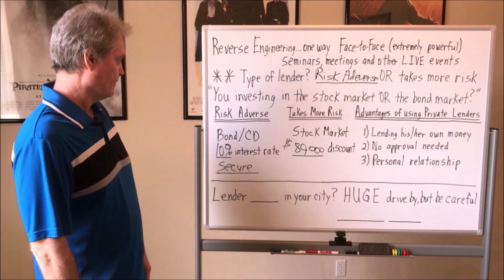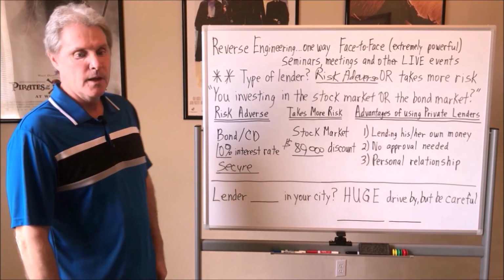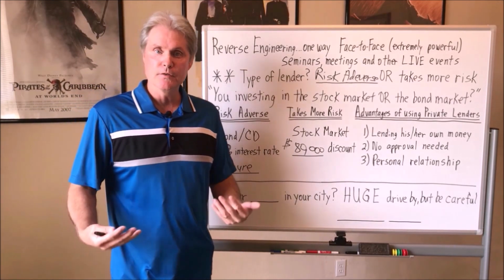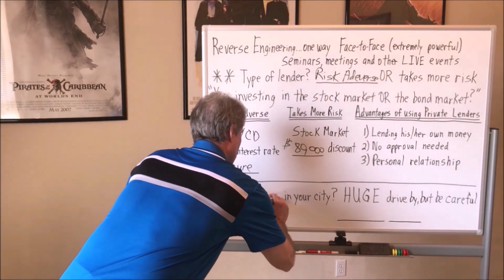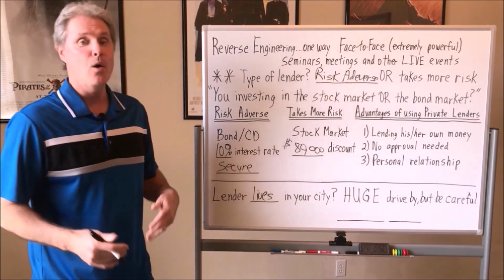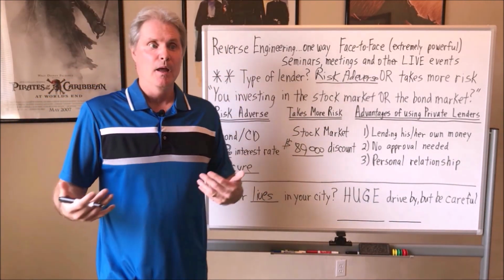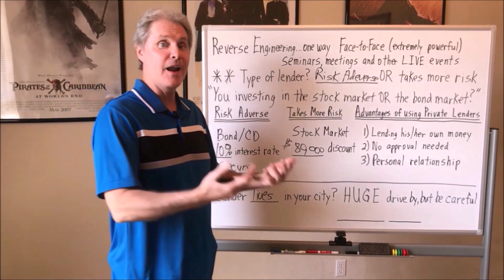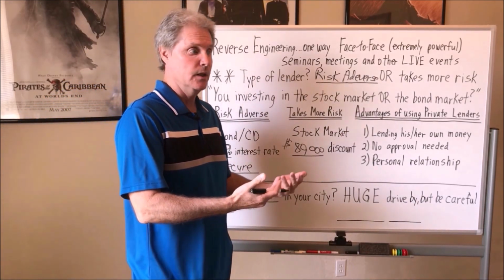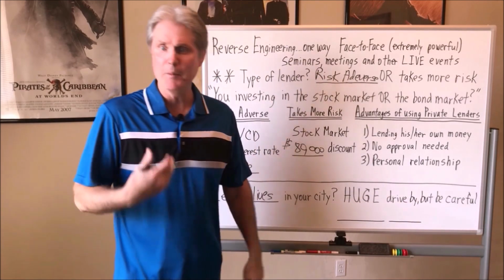All right, so lender. If the lender lives in your city or in the same county, I would strongly suggest you consider taking them by that house before they actually lend on it. So I'm in Austin, right?